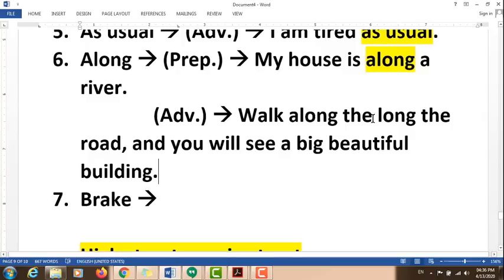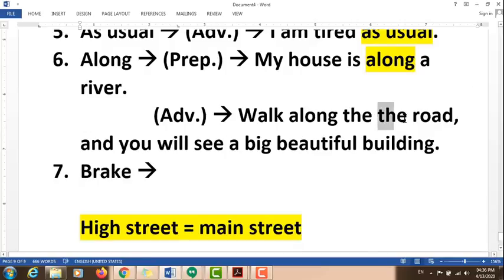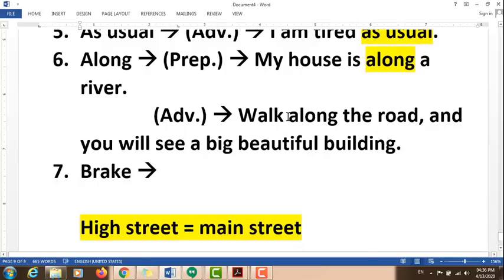So here along is used as an adverb. Walk along the road. This is a verb, so after a verb we usually use an adverb. So this is used as an adverb here. میگه در امتداد سرک قدم بزن و تو یک ساختمان بزرگ مقبول را میبینی.